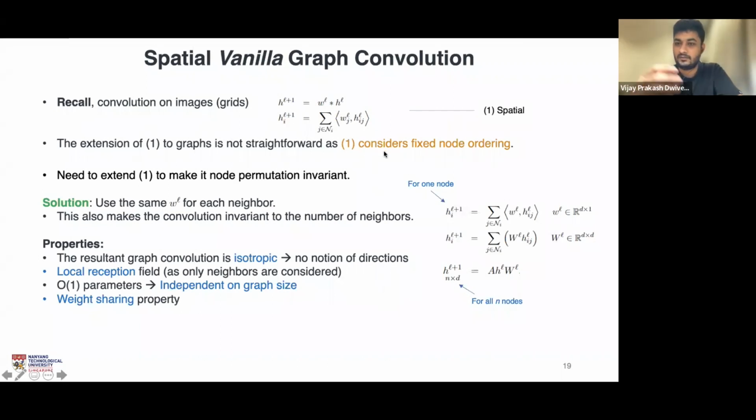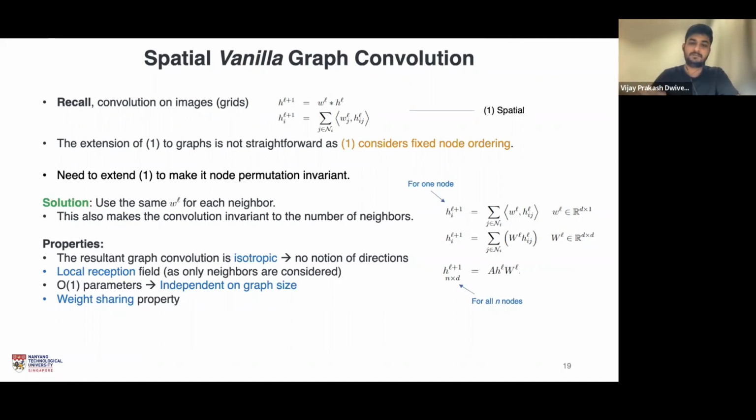So it gets rid of the problem. Now we don't have to consider any fixed ordering, because if a node has 5 neighbors, then the same W is applied to all 5 neighbors' information. It's also an isotropic filter because there's no notion of direction. When this is applied, the first-hop neighbors are considered, so it allows local receptivity, and the parameters are independent of the graph size.